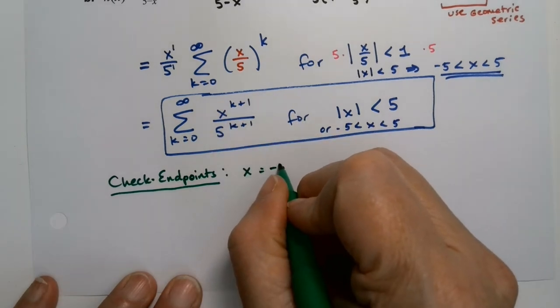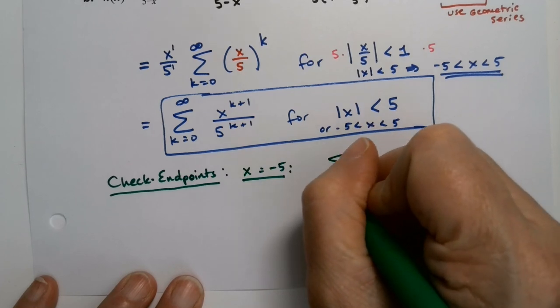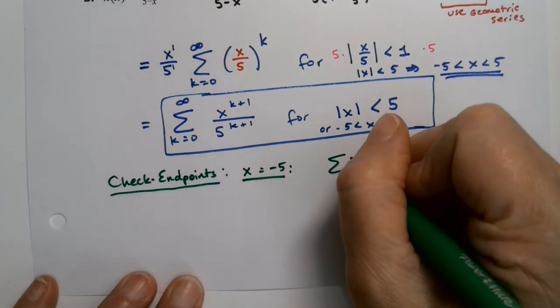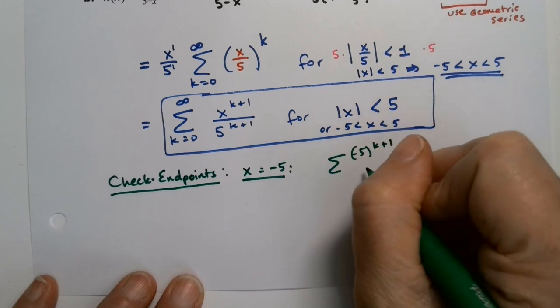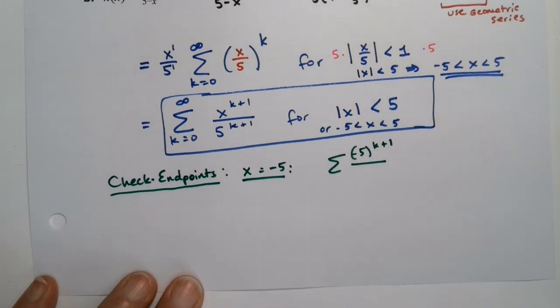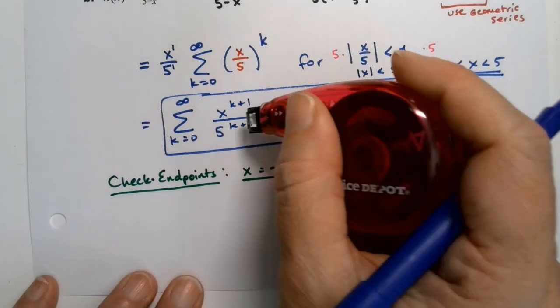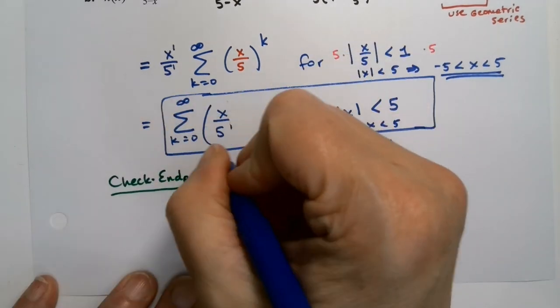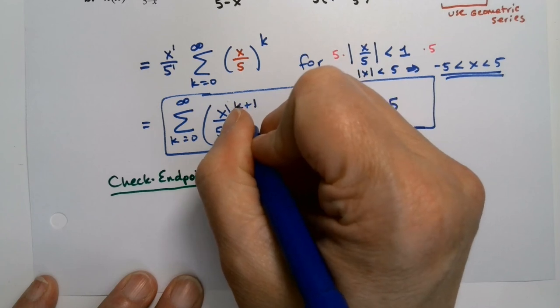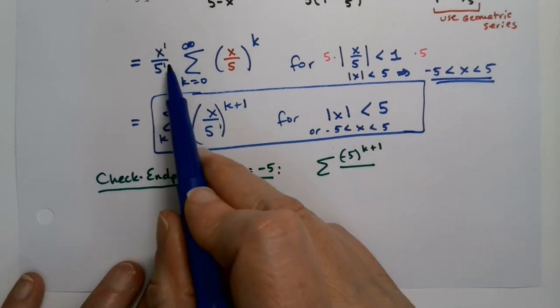Let's put negative 5 into our sum. So we would have a sum, you're putting negative 5 into here. So it'd be negative 5 to the k plus 1 over... why did I write it like that? That's silly. I'm sorry, I missed a step here. It was correct, it's just, why wouldn't you write it like this? They're both k plus 1, right?